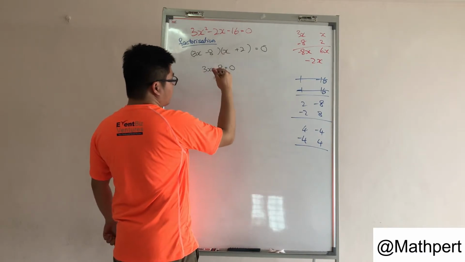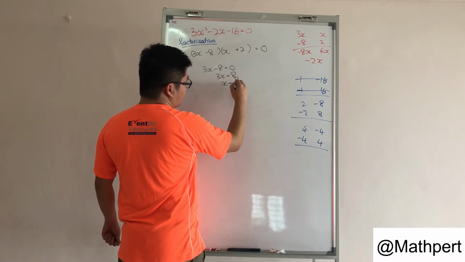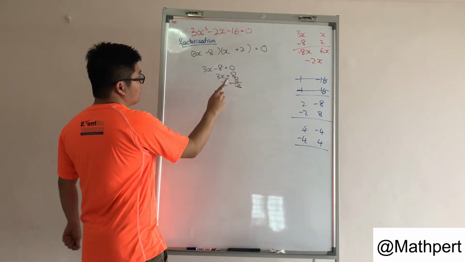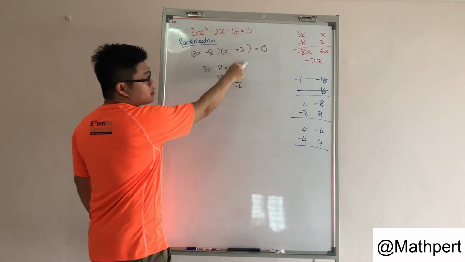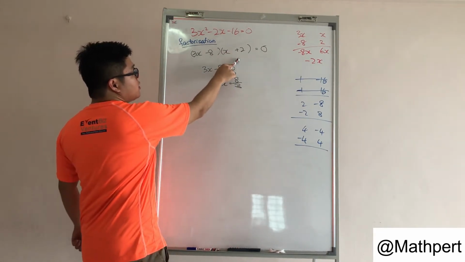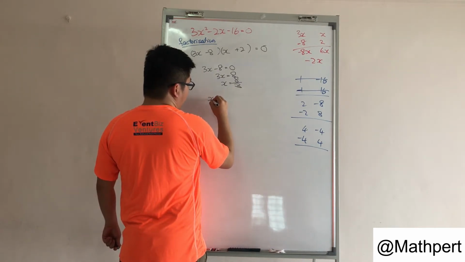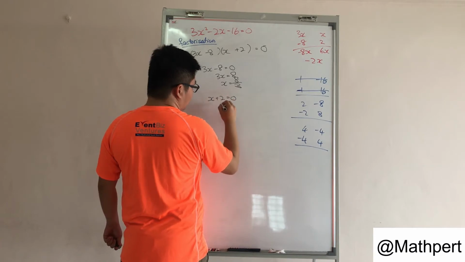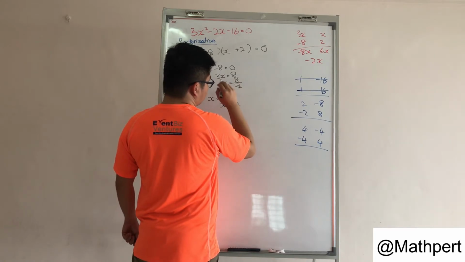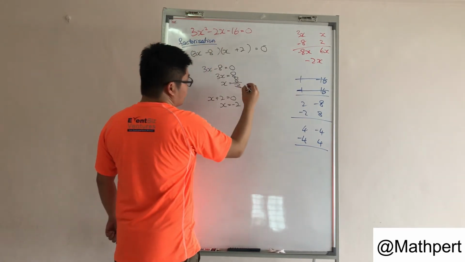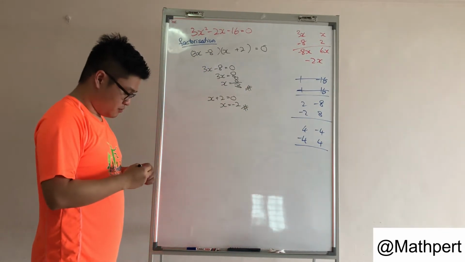We move 8 to the right hand side, we have 3x equals 8. x equals 8 over 3. Or the other part, x plus 2 equals 0. x equals negative 2. So the roots for this quadratic equation will be 8 over 3 and negative 2.